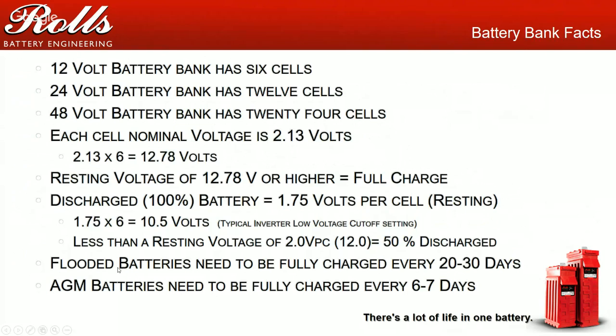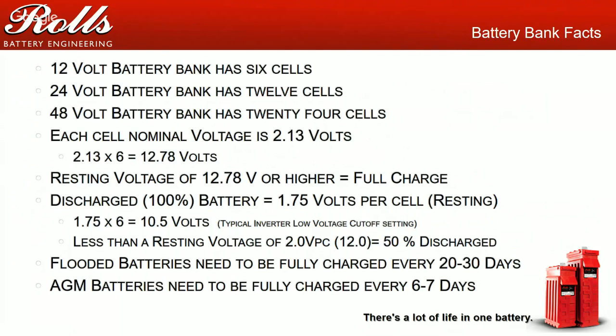Just an important note: flooded lead acid batteries, depending on the cycle use, really need to be fully charged. You need to see a full 1.265 to 1.275 specific gravity about once every 20 to 30 days. If you have systems with higher cycling, where your customer is cycling their batteries once or a couple of times every single day, they may see better performance if they get them to a full charge about once every 2 weeks.